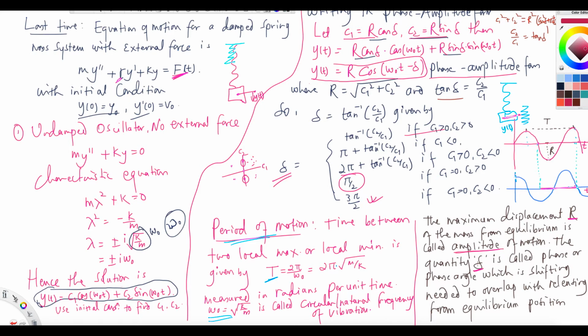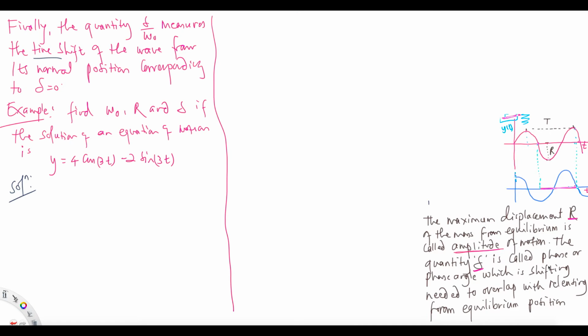We measure delta in terms of angle, in radians, which is the shifting needed to overlap with the motion released from the equilibrium position. That is what we denote by delta. I will define the phase time next, and then I will give you a couple of examples. So delta is called the phase angle, but if you divide delta by omega 0, we call it the time shift.